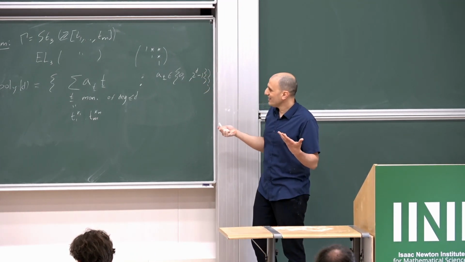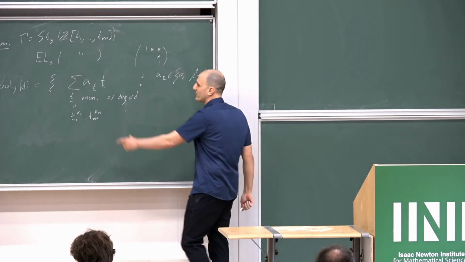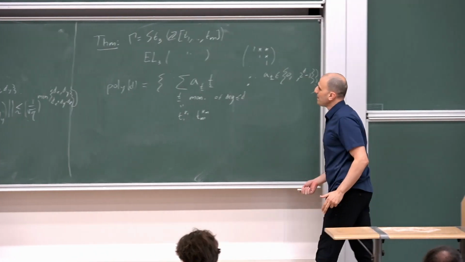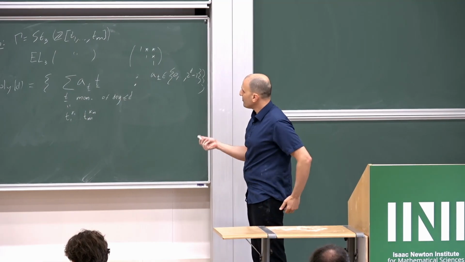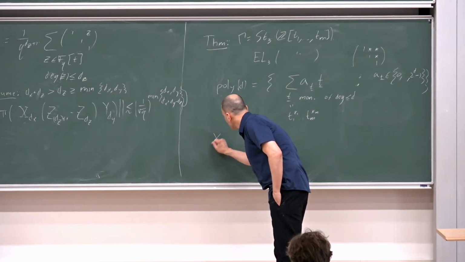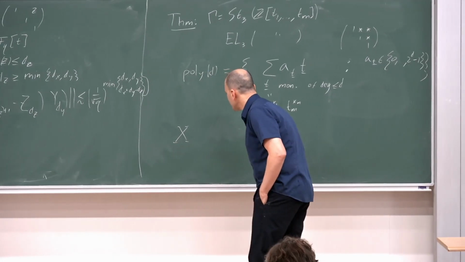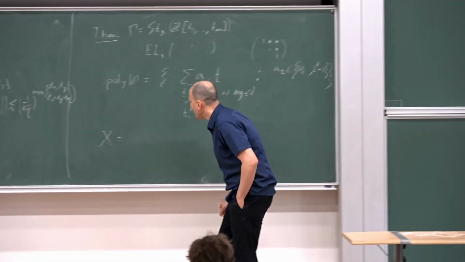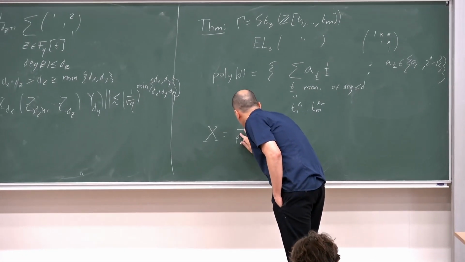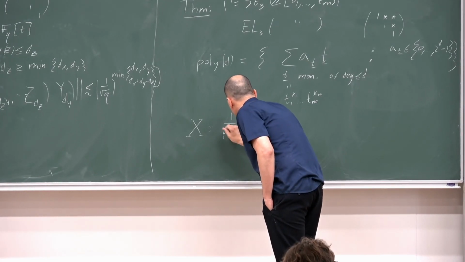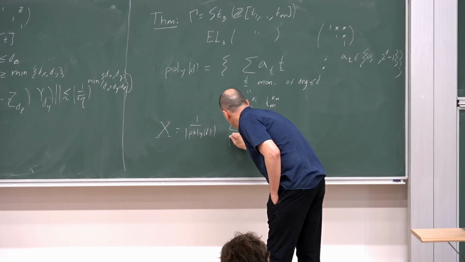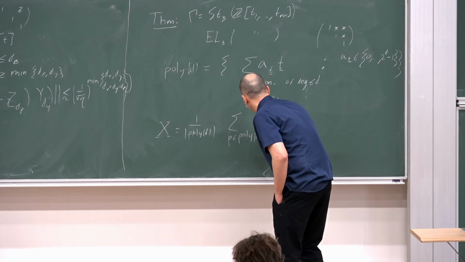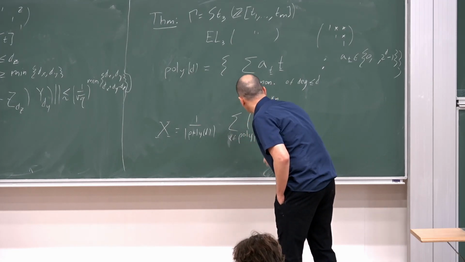So again, in a finite field, you have an easier life because you can just sum over all the field, but now we are with Z. And now if I look at these polynomials, I want to define what is my x. So my x is 1 over the number of these d polynomials, the set, sum over p such a d polynomial.